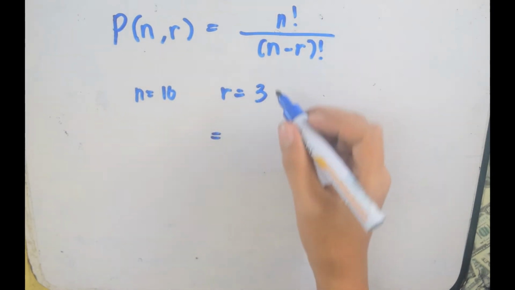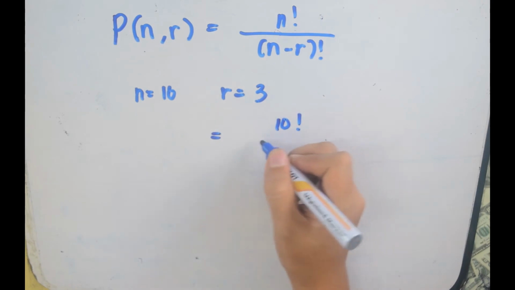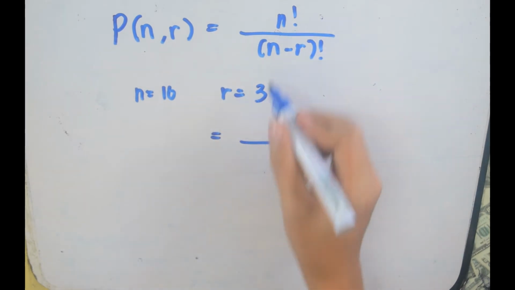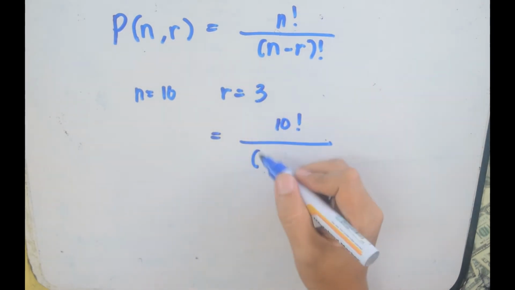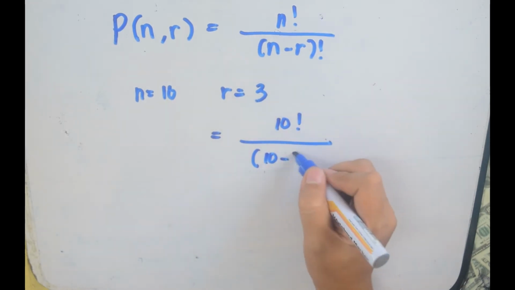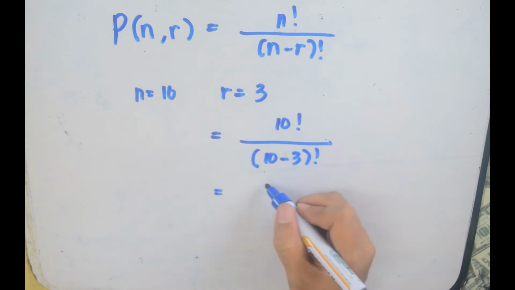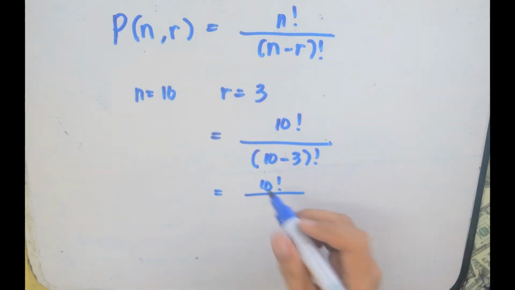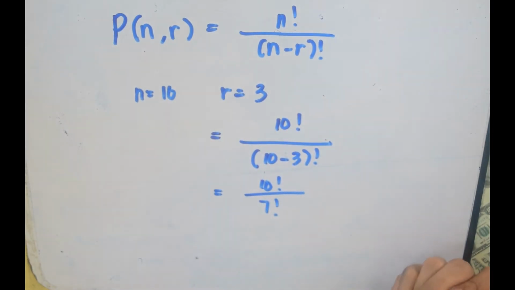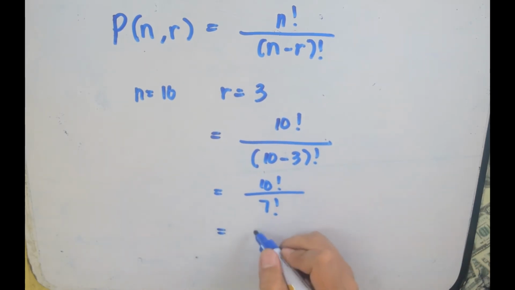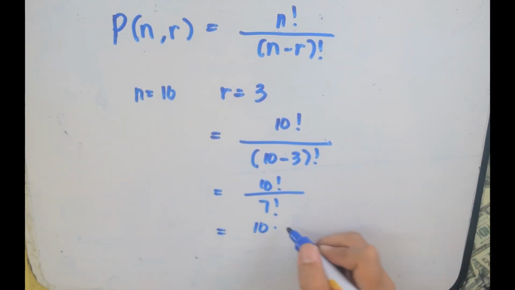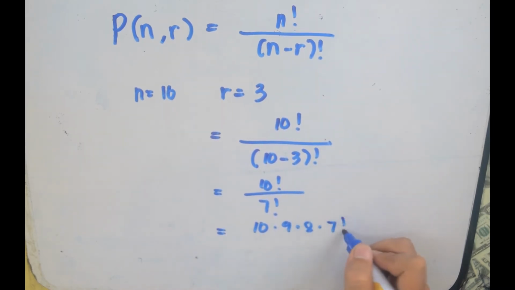Okay? So, let's solve this using our formula. We have here 10 factorial, since 10 is n, over 10 minus 3, which is r, factorial, equal to 10 factorial over 7 factorial. Remember that 10 factorial is 10 times 9 times 8 times 7 factorial.